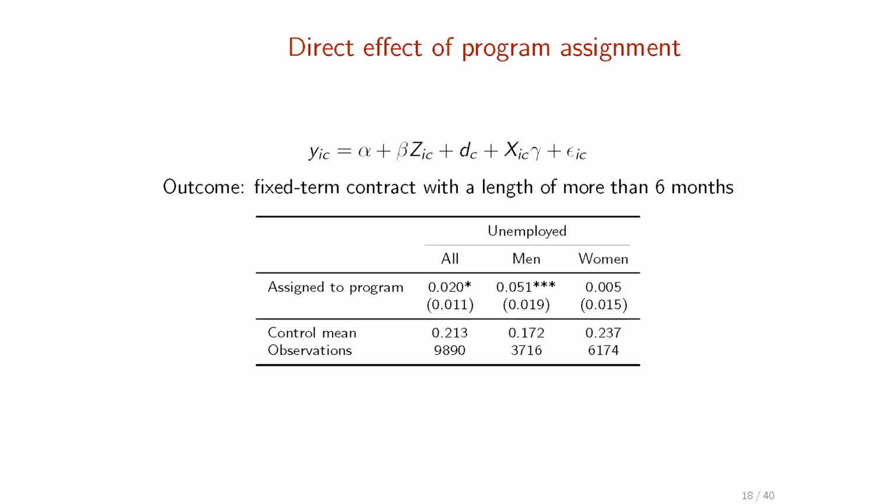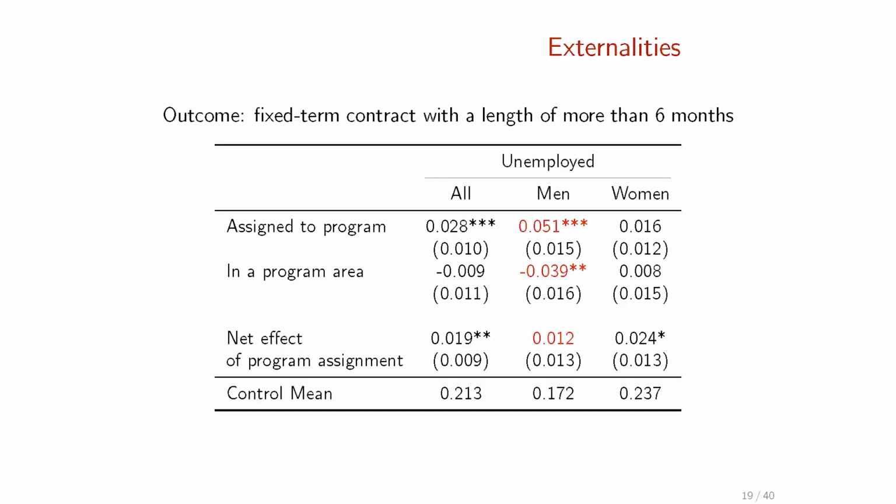And we find that about 17% of control people have found a job anyway, but there is a pretty large effect for men of 5 percentage points. So this is the within effect. And now I'm going to add the comparison of the control to the super control.